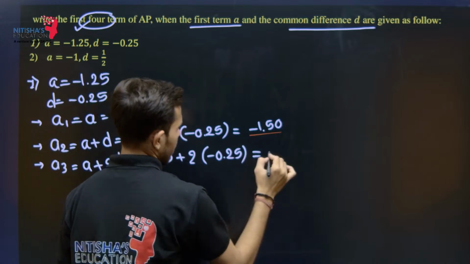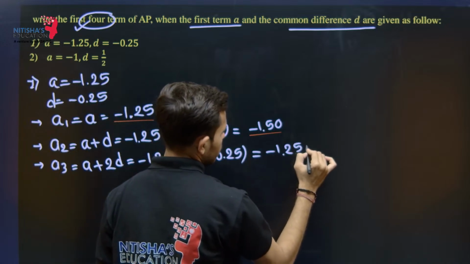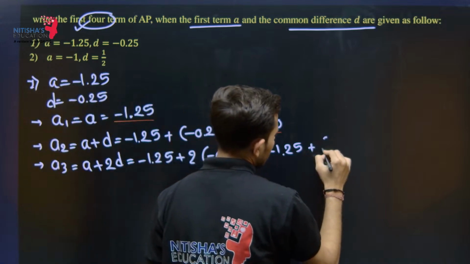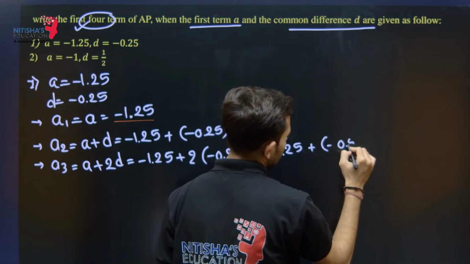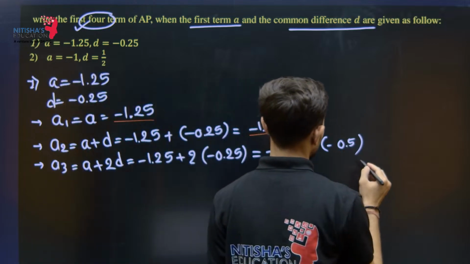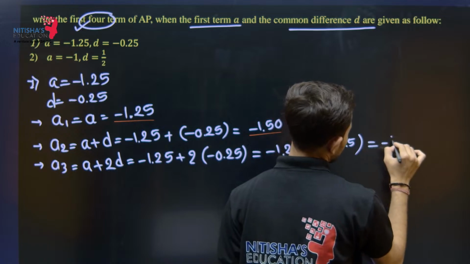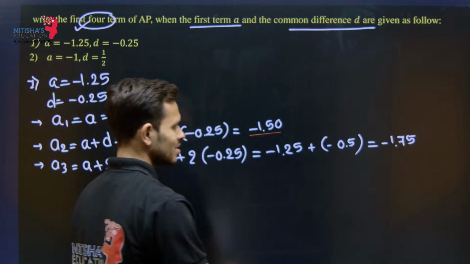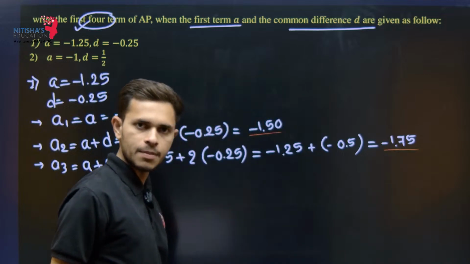Now minus 1.25 plus 2 into 0.25, it will become minus 0.5. And if you add minus 1.25 and 0.5, then it will become minus 1.75. So this is our third term of AP, right?